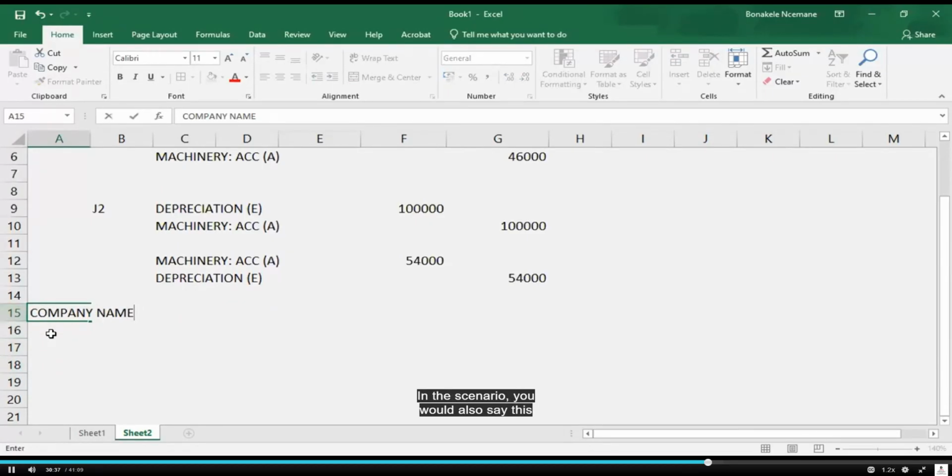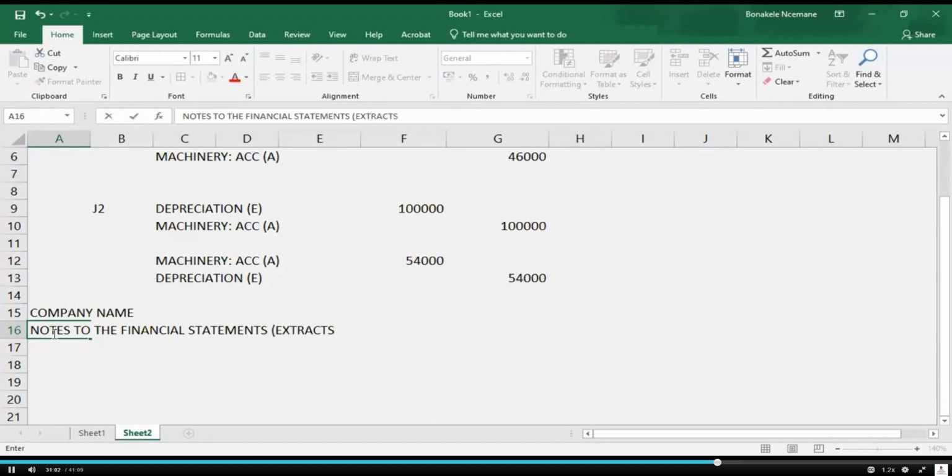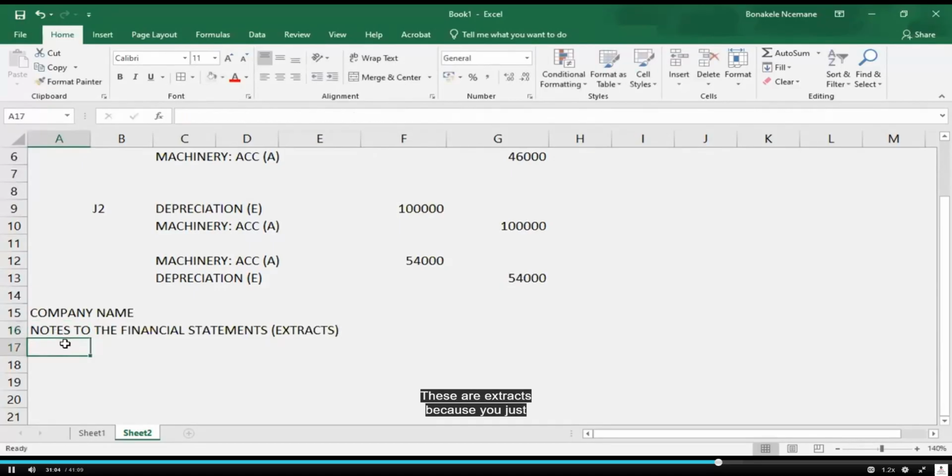You would also say this is relating to notes to the financial statements, and indicate that it is an extract. These are extracts because you are just accounting for the item relevant to this question.